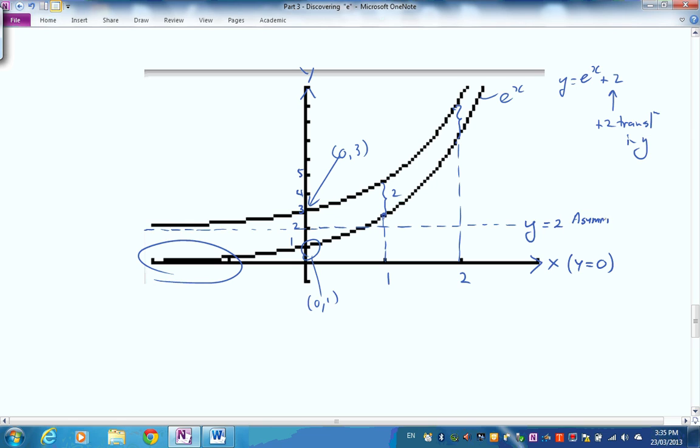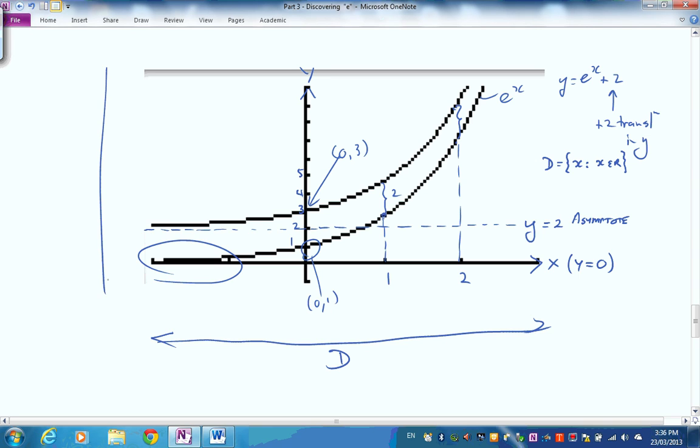So we're going to have some impact on our range here. Let's look at the domain first. The domain is looking this way at the set of x values. The domain is the set of x values such that x is a member of R. That hasn't changed at all. We can still use any x values right across that real number set.